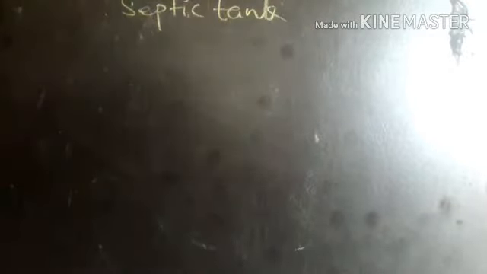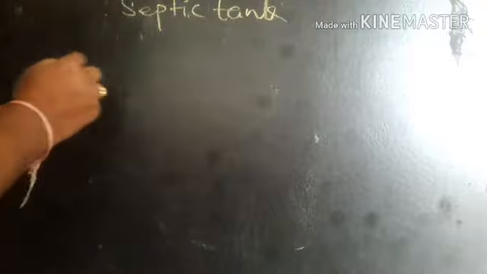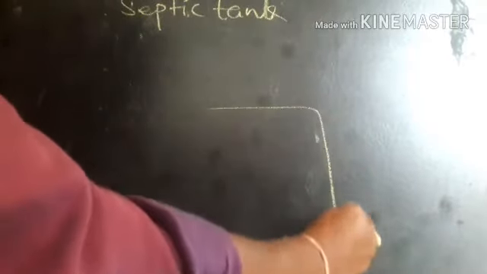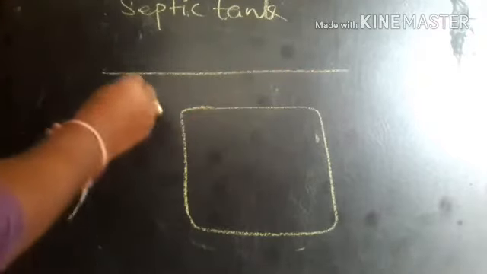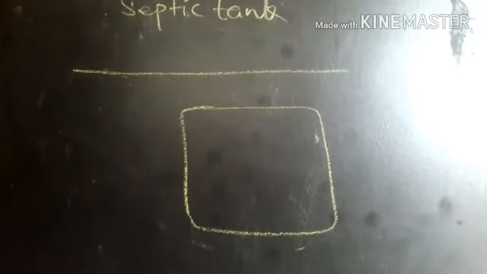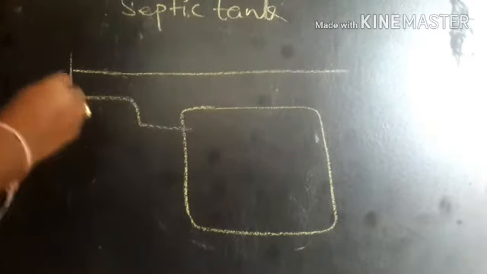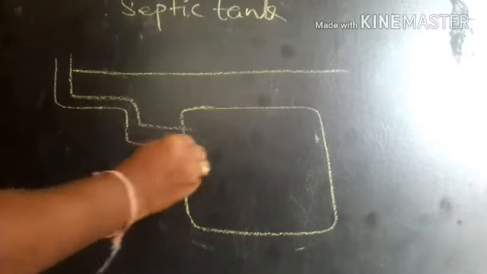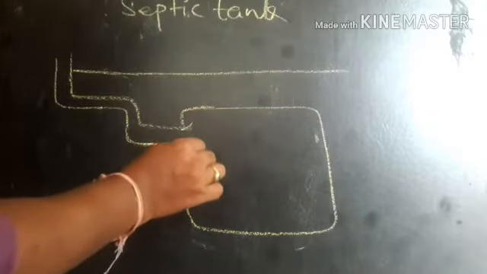First one is the septic tank. Here in a septic tank, it actually consists of a big covered chamber, and it is underground. Just imagine, it is underground, and there is an inlet pipe from our household, from the toilet sink.